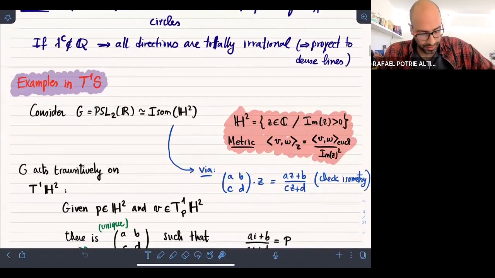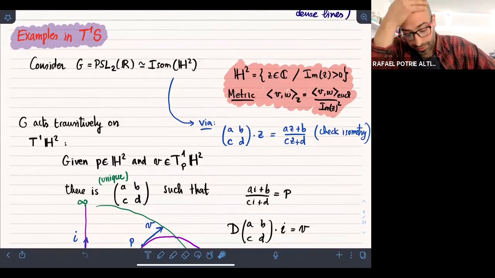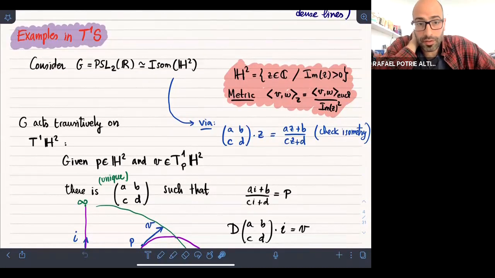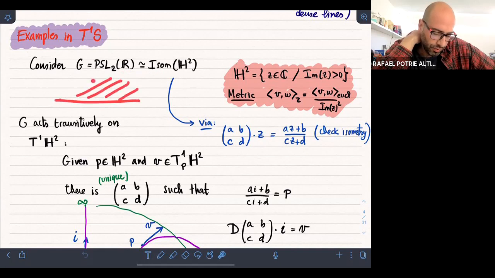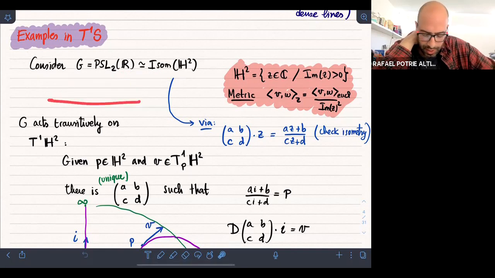And so let me give some examples in the unit tangent bundle of a surface of constant negative curvature. We are taking, as I said, PSL2(R), which you can identify with the isometries of H2. This identification is made via the action on H2, the upper half plane model.